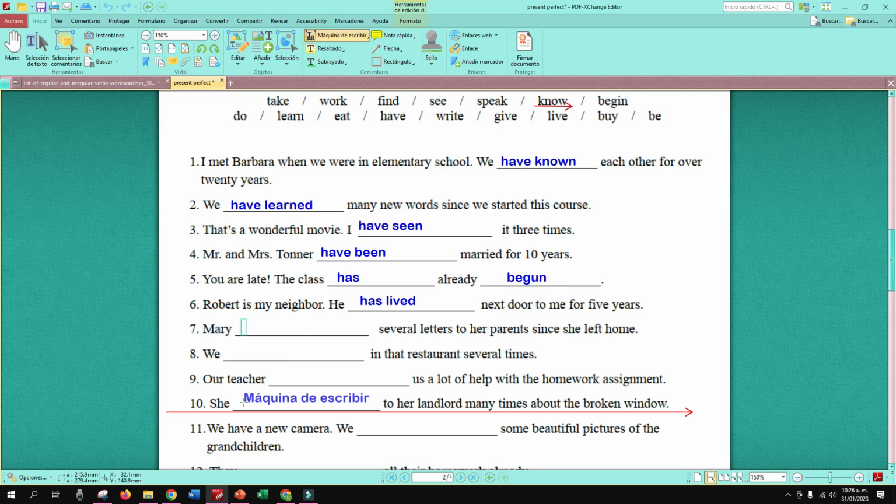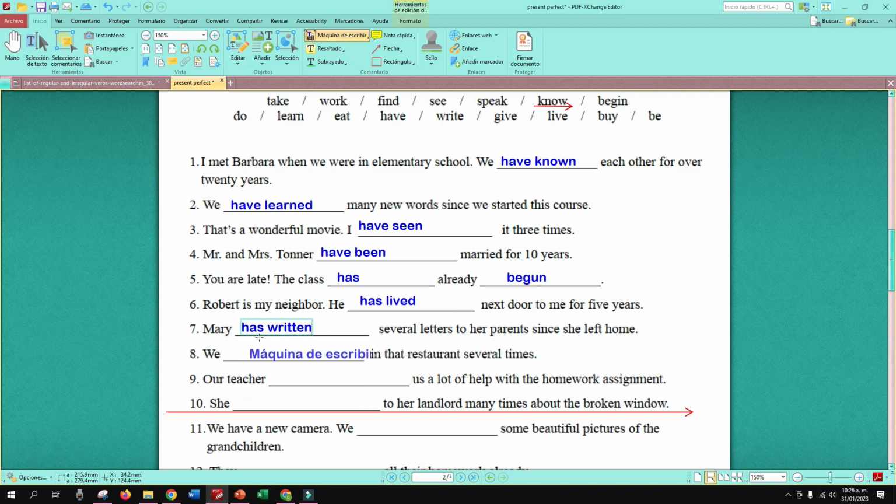What about the number seven? Mary has written, okay. Has written, right? Several letters to her parents since she left home. Very good, right? So written, not wrote.